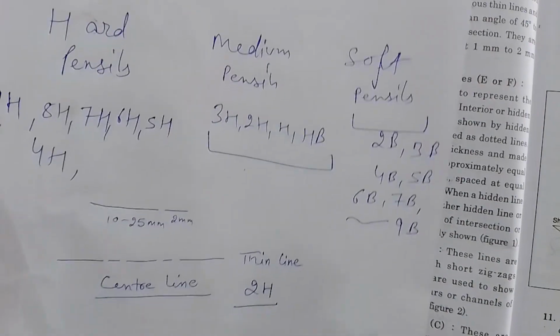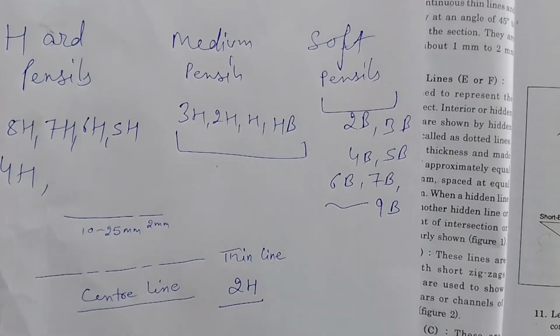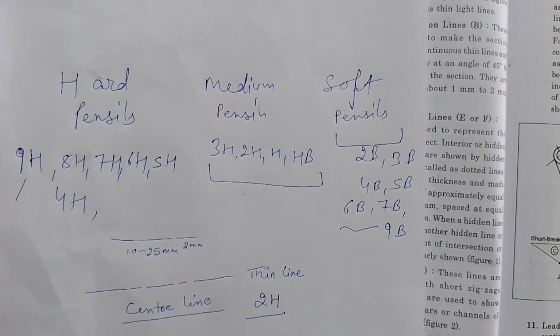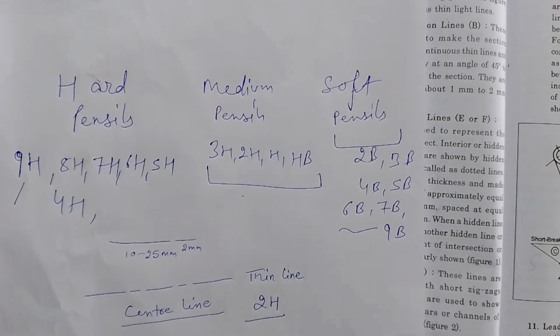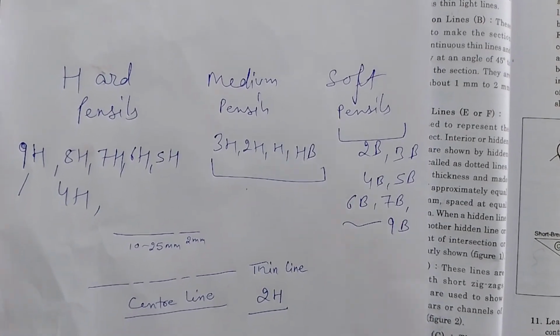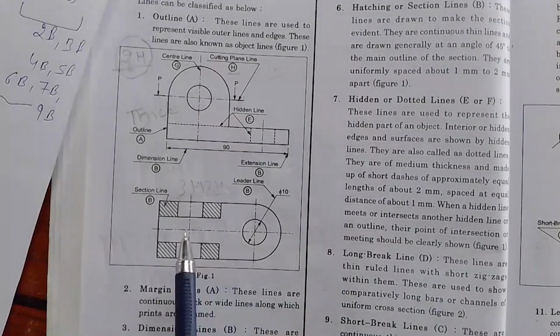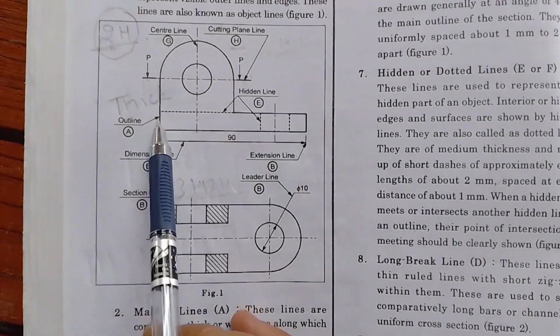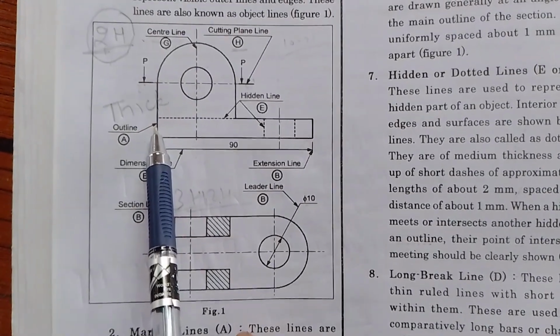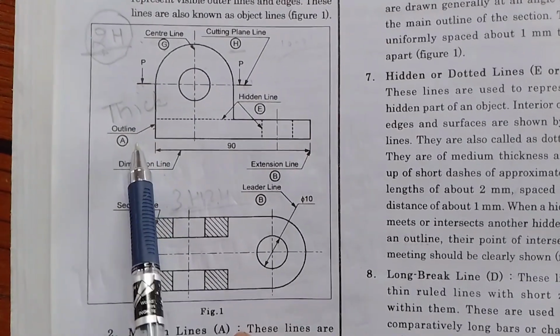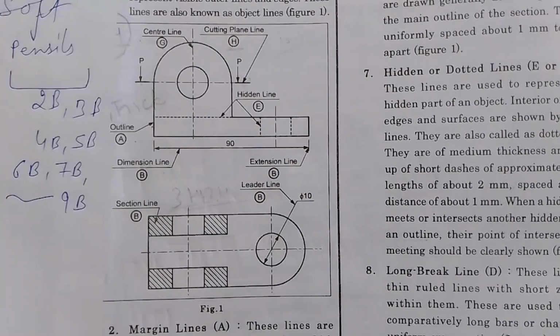You can take a screenshot if you would like. This is all about the pencils. When we draw an engineering drawing, a very important thing to keep in mind is that for thick outlines we use the HB pencil.